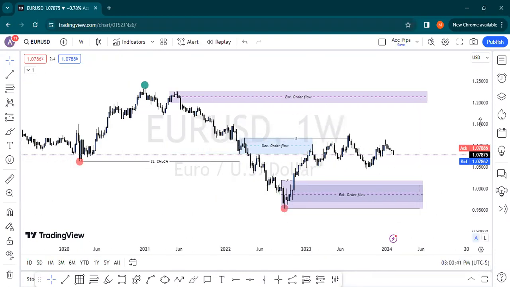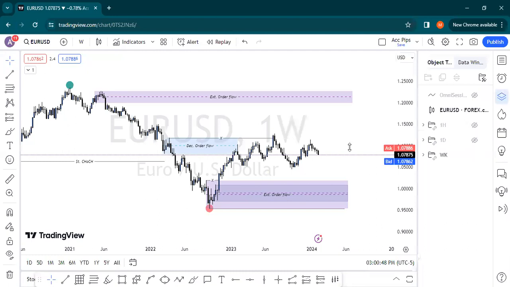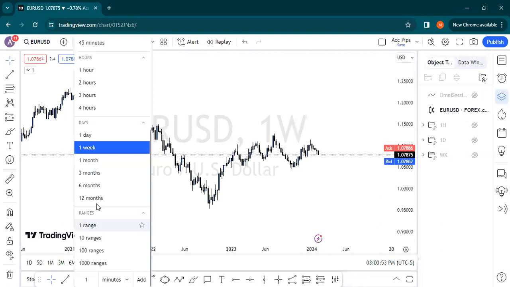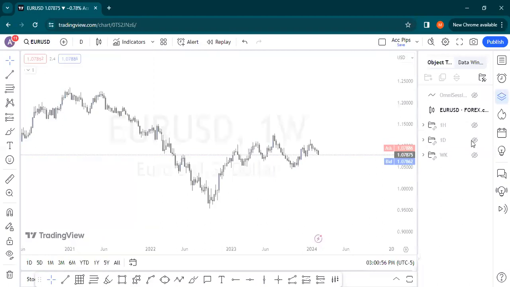So let's go to the daily time frame and look at what is happening on the daily time frame. My internet is a bit slow, so the chart is taking time to load.